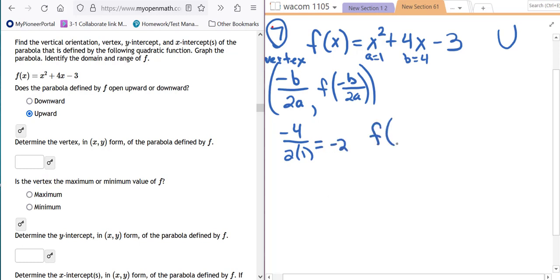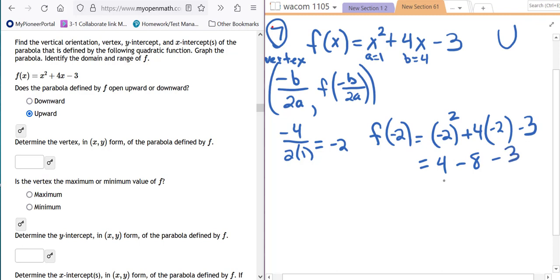And then I want f of negative 2, which equals negative 2 squared plus 4 times negative 2 minus 3. That is 4 minus 8 minus 3. So negative 4 minus 3 is negative 7. All right, so my vertex is (negative 2, negative 7).